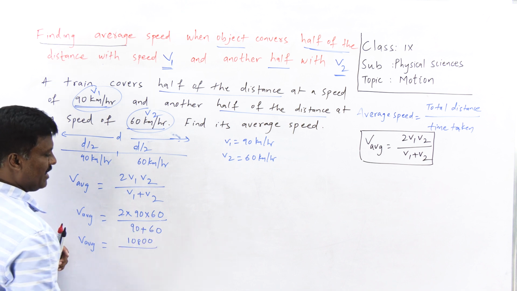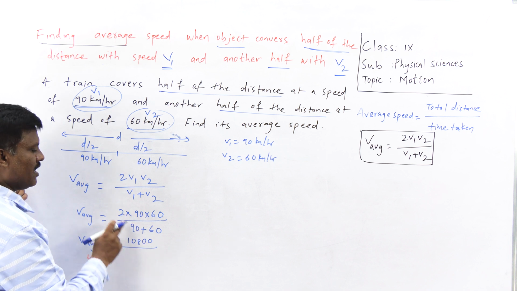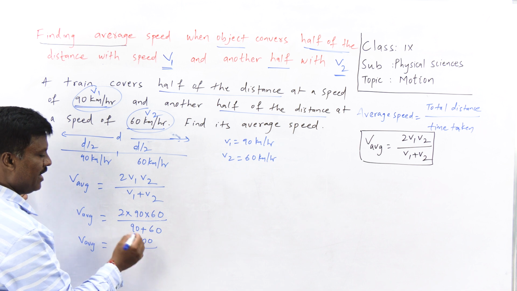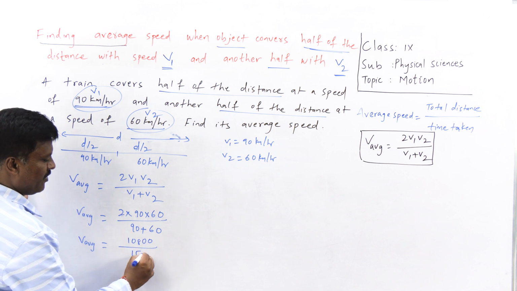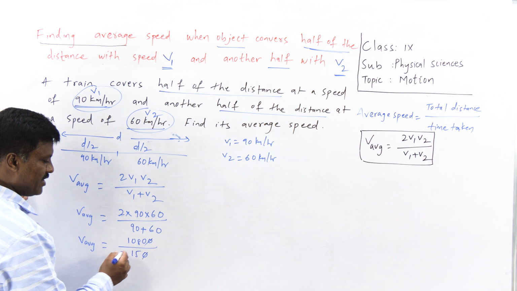This is a simple calculation. Or 6 nines are 54, 54 twos are 108, and the two zeros. Simple. 90 plus 60 is 150. Now a zero cancels with a zero, so 1080 divided by 15.